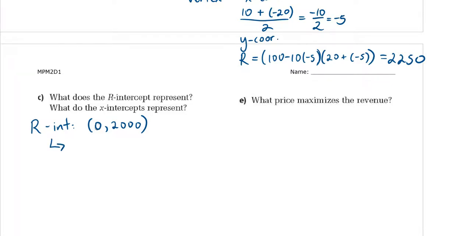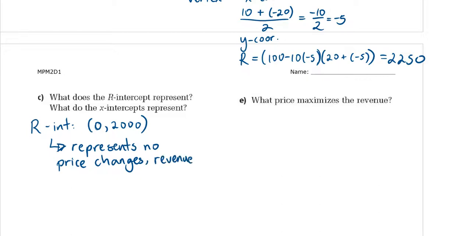So if we had 0 price changes, 0 $1 increases, so this represents no price changes. So at no price changes, what is our revenue? The revenue is $2,000.